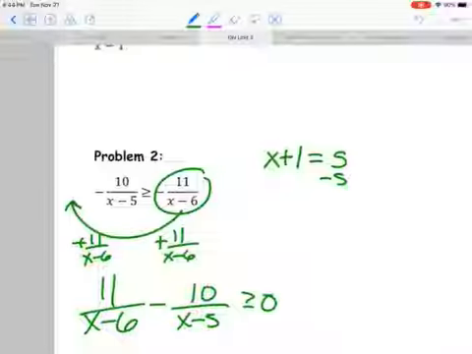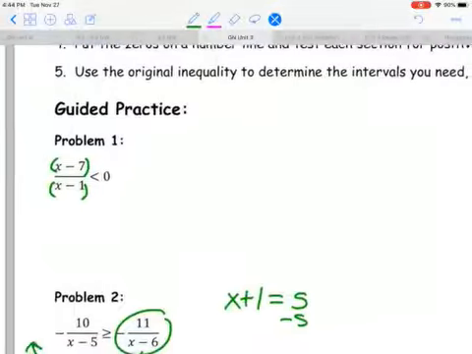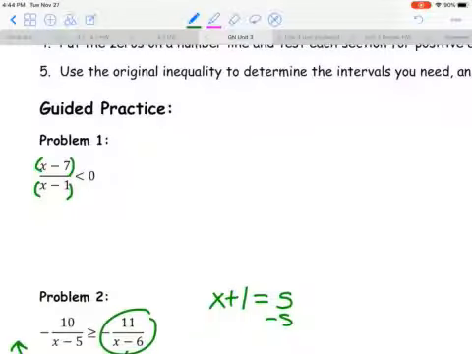Okay, when we do inequalities, we want to look at each piece. So I put parentheses around the whole numerator and around the whole denominator, and you want to break it down if we need to. Problem number 1 does not have any pieces that need to break down. There's no x squareds. So we need to find the critical points.